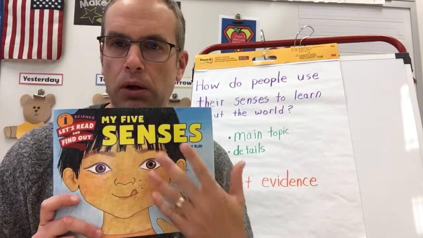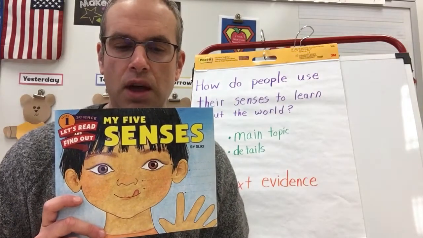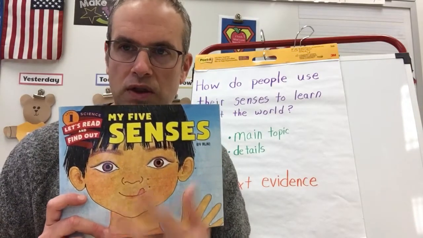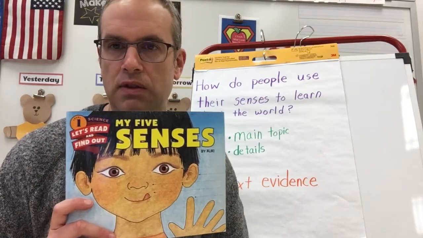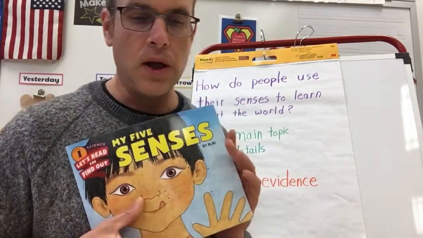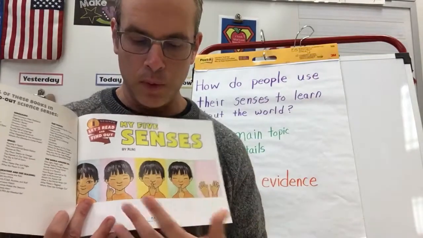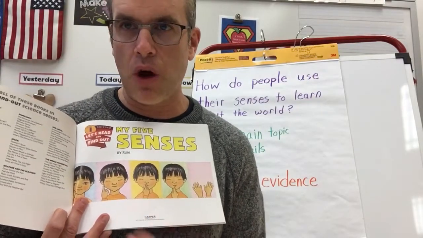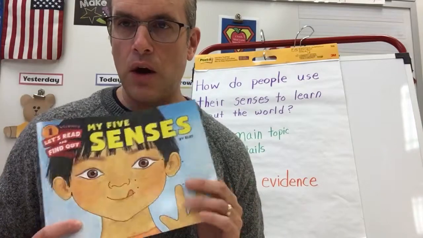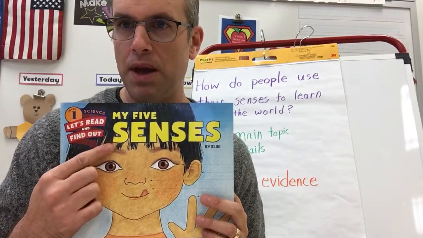So we're gonna look a little bit closer in the book to see about those details and see how they relate to the idea of our five senses. Now, when you look in a book, there's something called text evidence, which is a fancy word for just saying what the author is writing about and drawing about to show you how they are explaining their main topic, right?